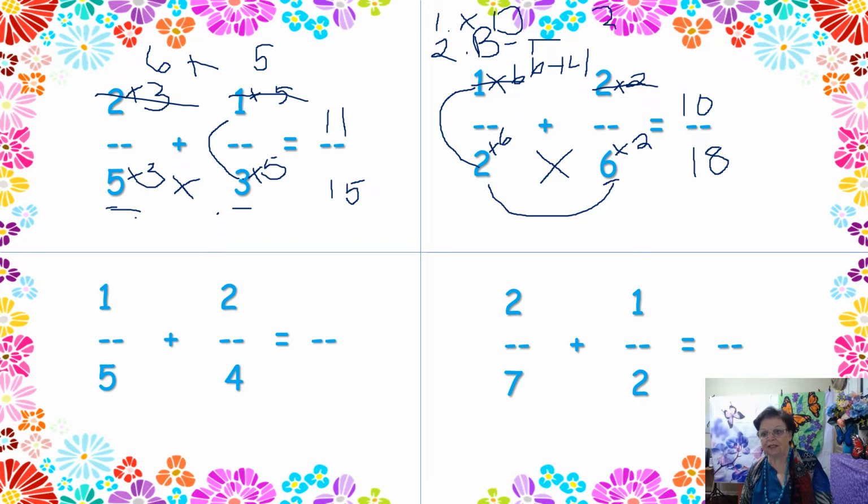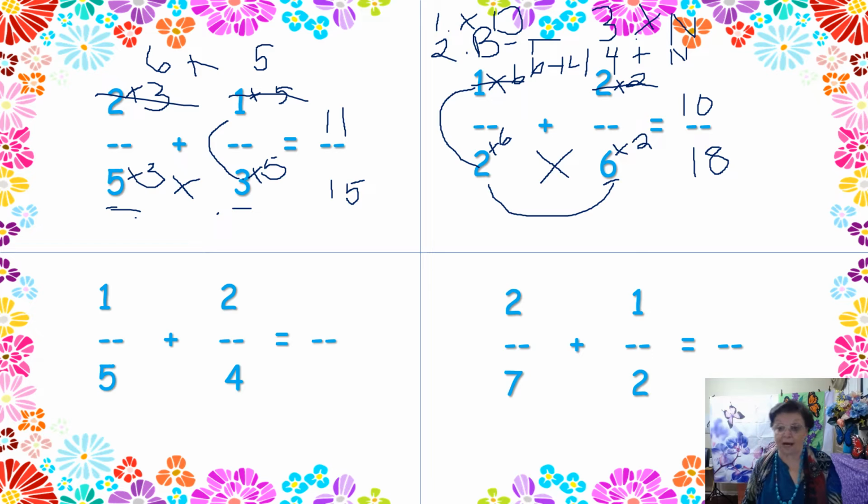Step 3, you multiply the denominators. Whatever you do to the bottom, you have to do to the top. So you multiply the numerators, and then you add the numerators.